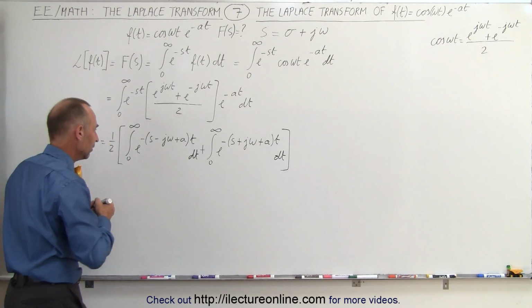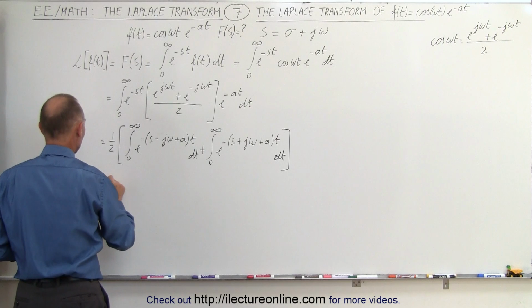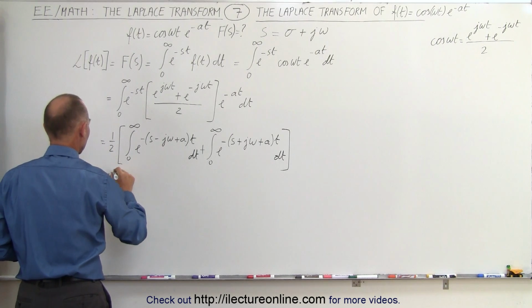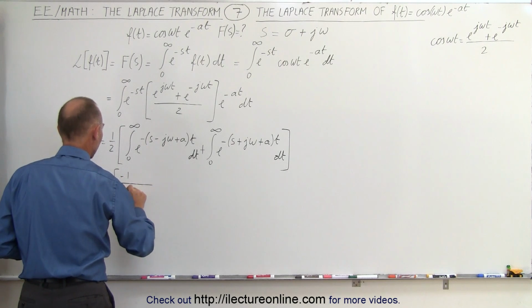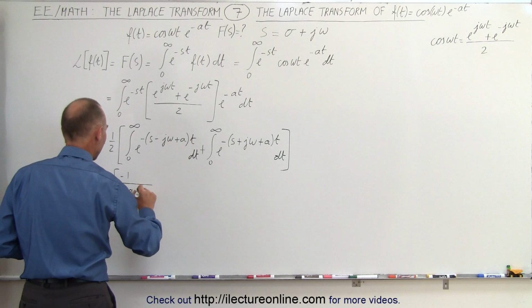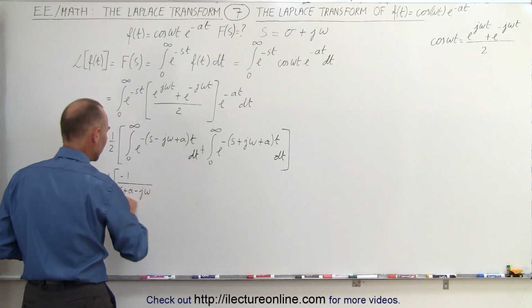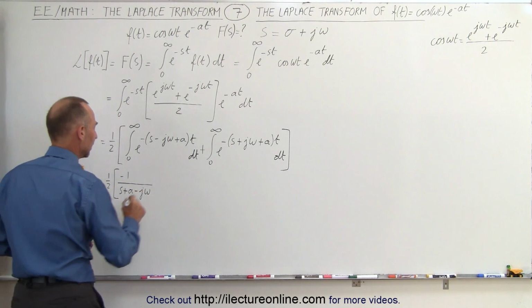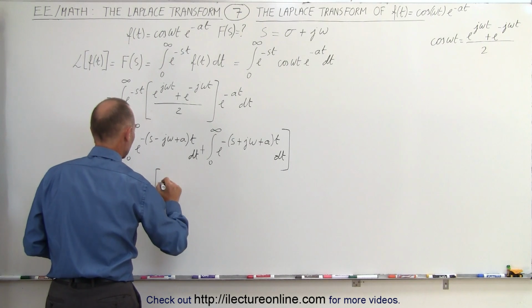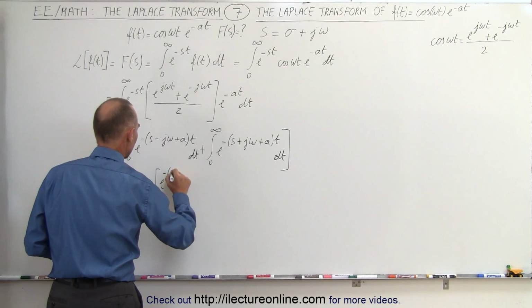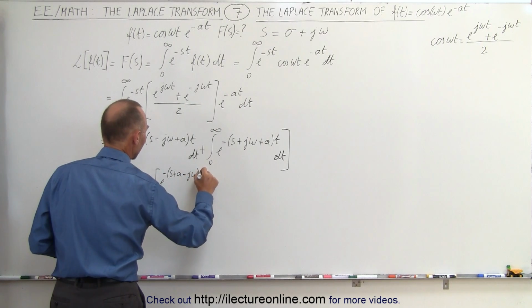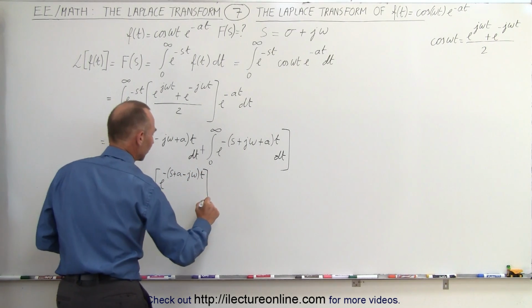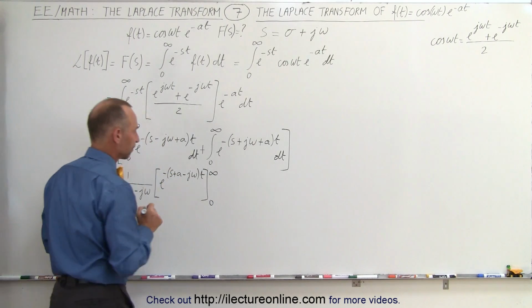So let's go and integrate this. This becomes the following. This is equal to 1/2 times negative 1 over s plus a minus j omega, and you'll see later why we rearrange the terms here, times e to the minus quantity s plus a minus j omega times t, evaluated from 0 to infinity.